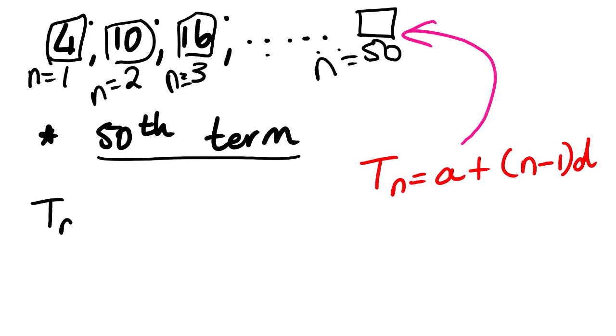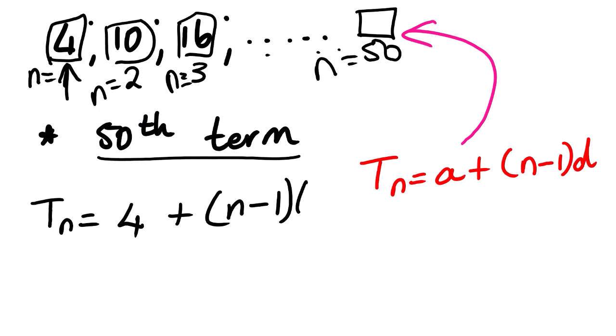So from here we have Tn equals A plus (n minus 1) D. The first term, the value of A, is 4. So we put 4 plus (n minus 1). Our difference is 6.